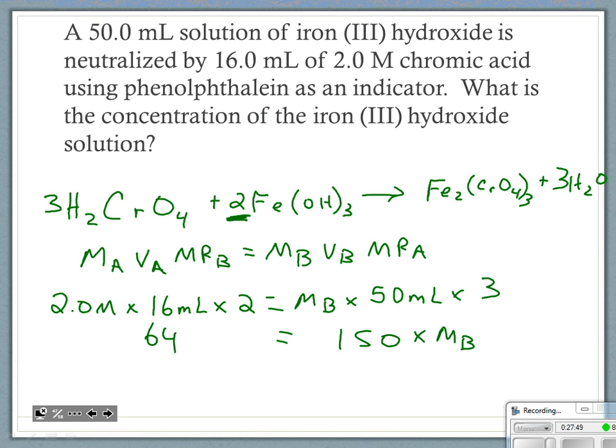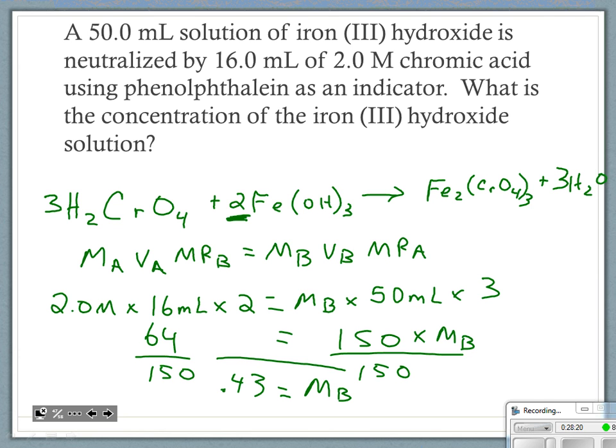So, if I'm doing my math right, I take 64 and I divide it by 150, and my molarity of my base is equal to, I see 2 sig figs, 0.43.